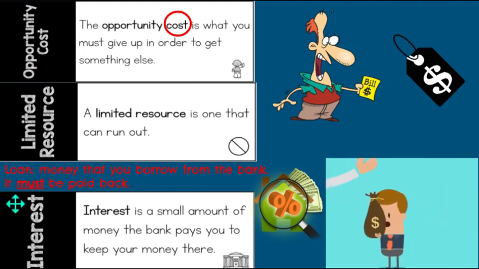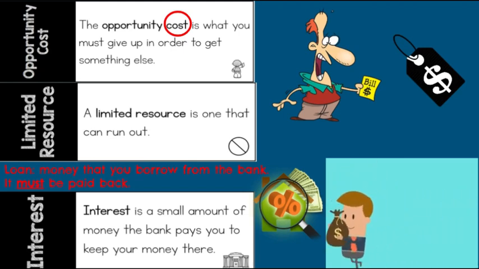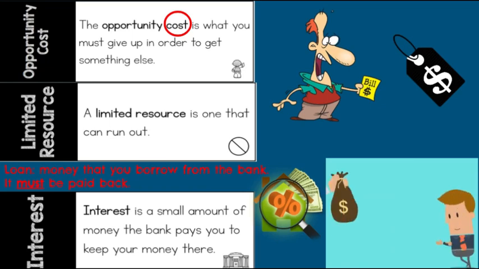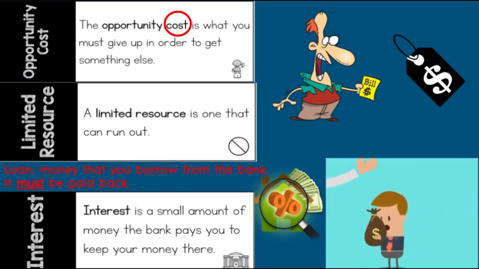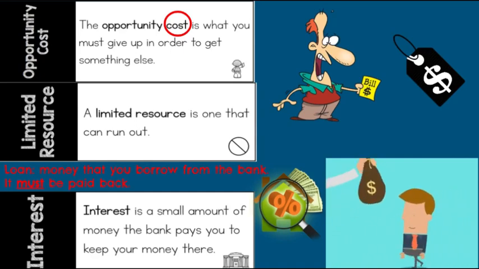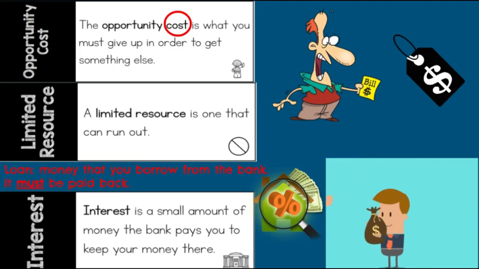However much money they lend to you, they might add some more money onto that you have to pay back. And the opposite happens too. If you make a savings account and you put your money into the bank, sometimes the bank can pay you interest for keeping your money there.